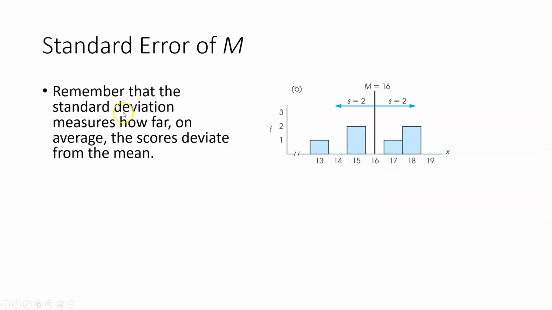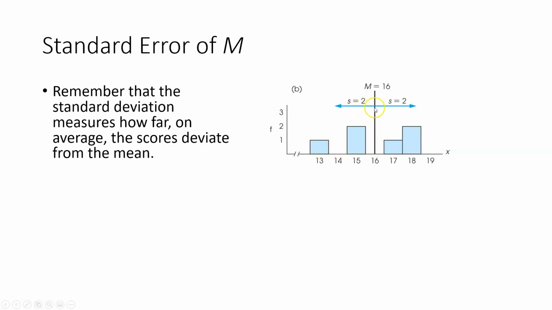Now remember that the standard deviation measures how far on average the scores deviate from the mean. If you have scores in a sample, these individual scores are not equal to the mean. The mean of this sample is 16, and the scores are typically about 2 points away from the mean. Here, this is 1 point away, this one is 2 points away, this one is also 2 points away, this is 1 point away, this is 1 point away, this is 3 points away.